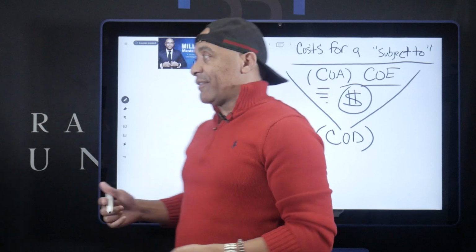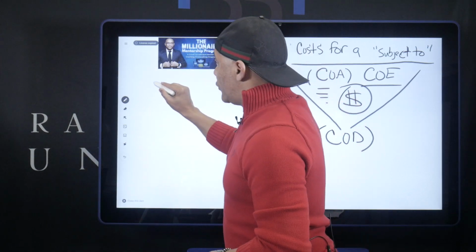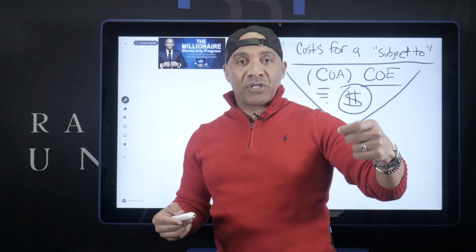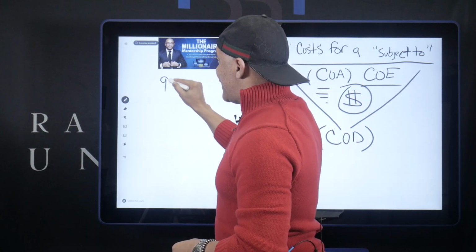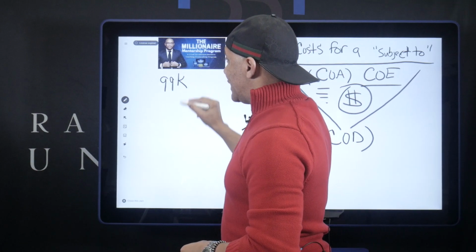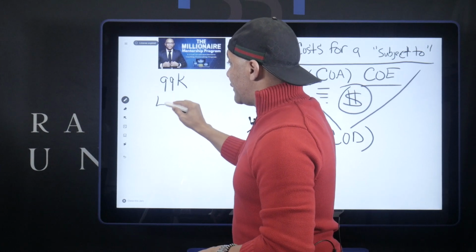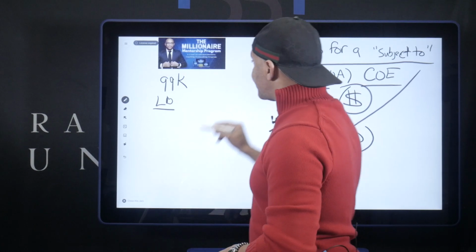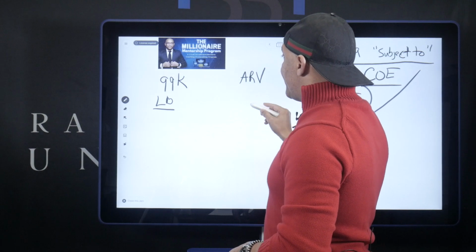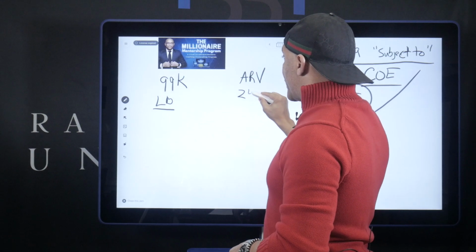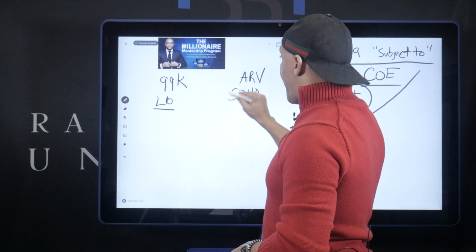So I have a case study where we purchased a property subject to the existing mortgage, and there was about a $99,000 loan balance. That would be LB for the loan balance. The ARV for this property was $240,000.